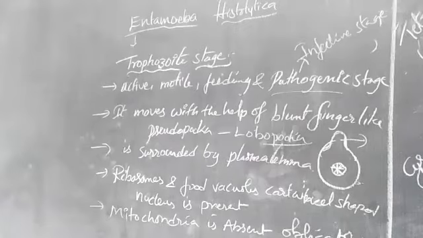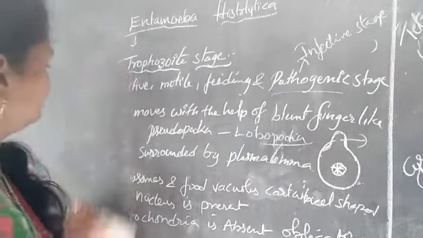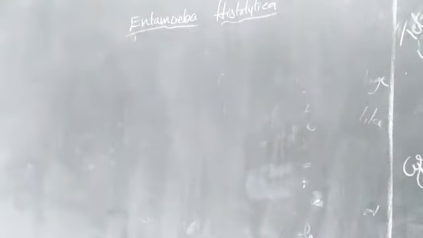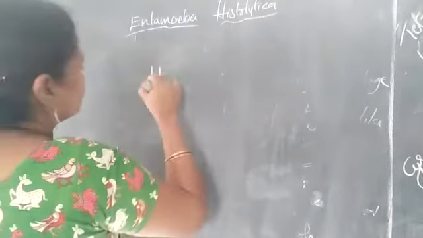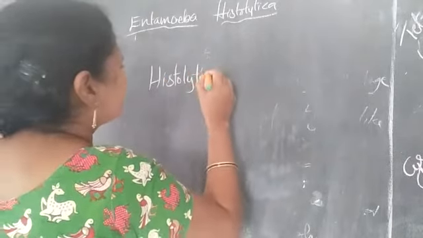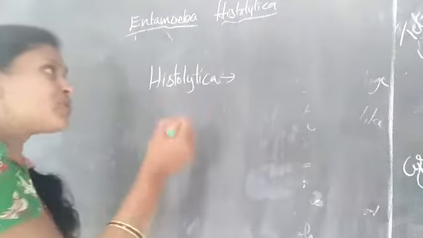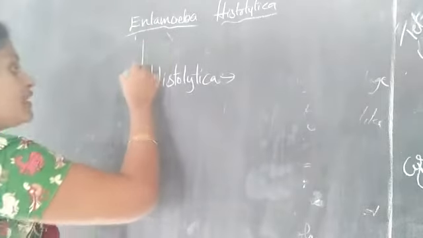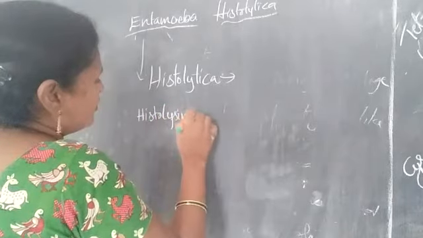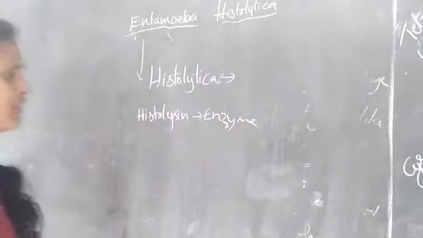Why is it called histolytica? Entamoeba produces the histolysin protein, a proteolytic enzyme.